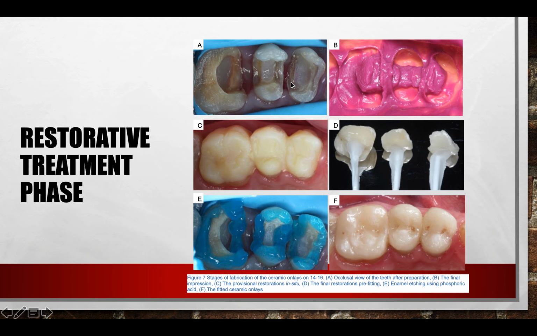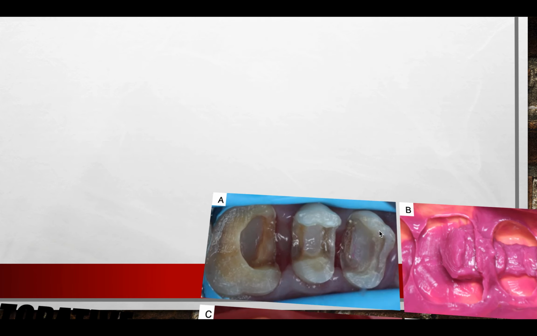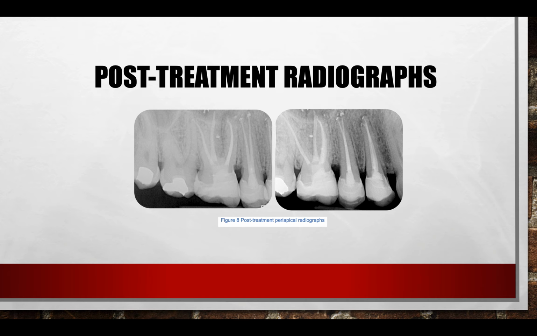One marginal ridge was missing for both the first premolar and the first molar, and both marginal ridges were lost in the second premolar. The decision was to restore these teeth with indirect lithium disilicate onlays. These teeth were restored with the restorations, and this is the post-operative radiograph.